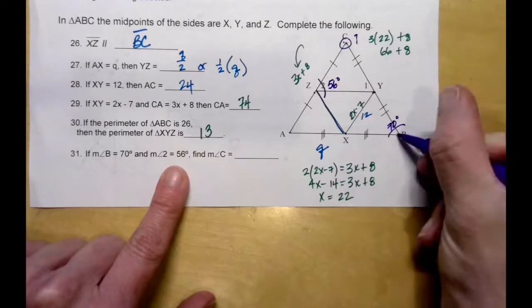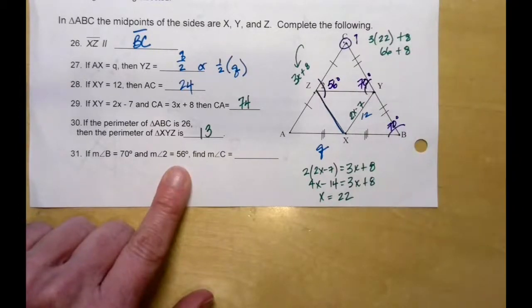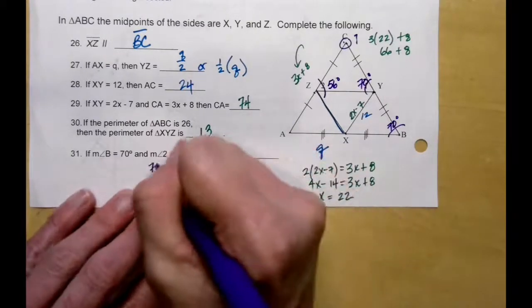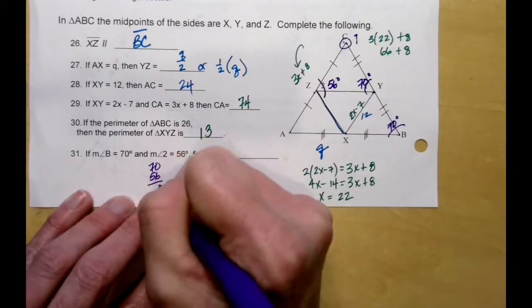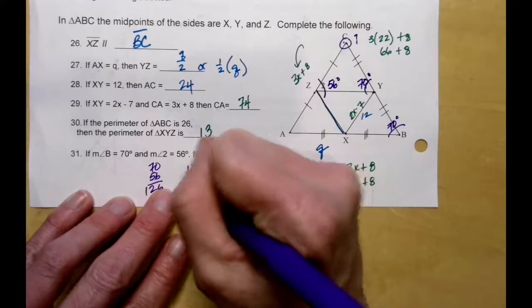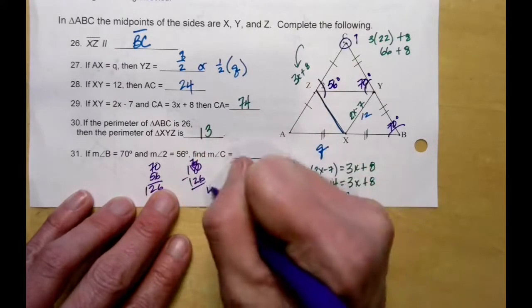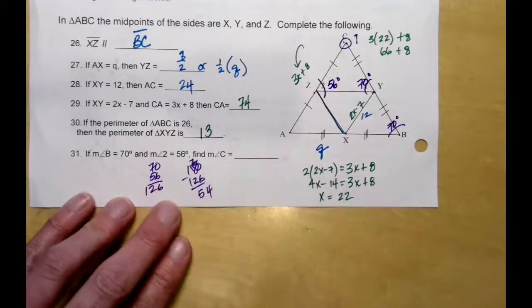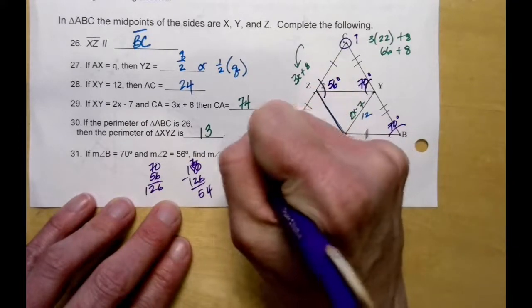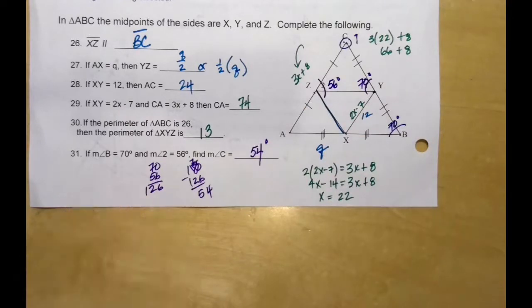If this is 70, guess what? So is this. Measure of angle 1 is also going to be 70. So that means that 70 plus 56 is equal to 126. 180 minus 126 is going to be 54. Does that sound right to you? 54 degrees. How did you do?